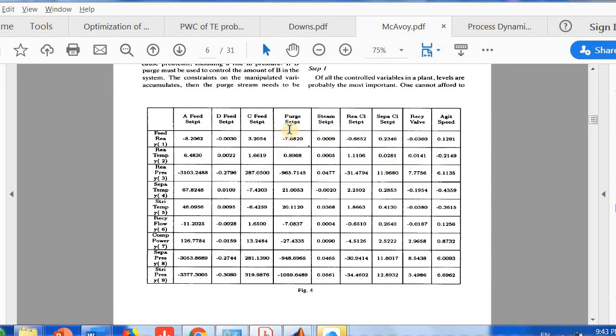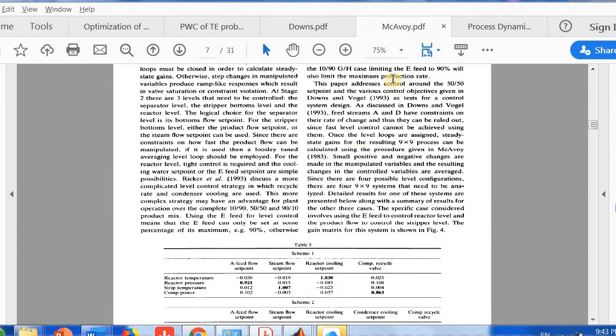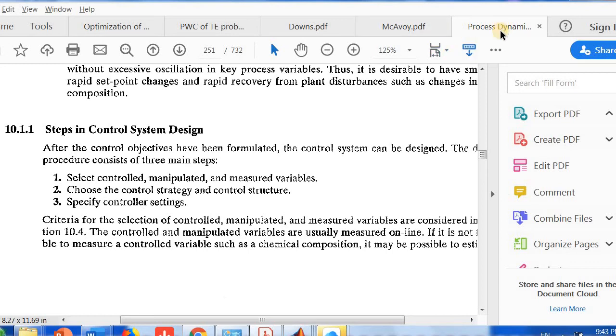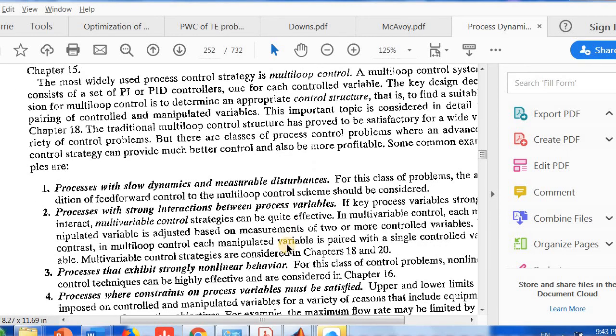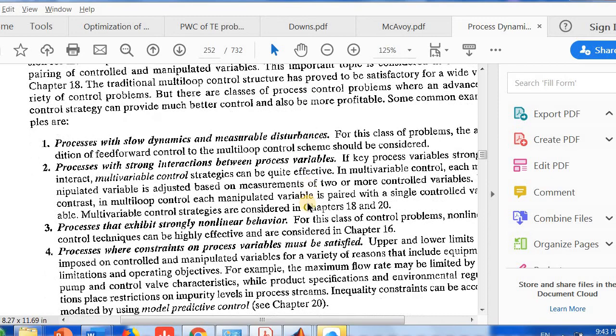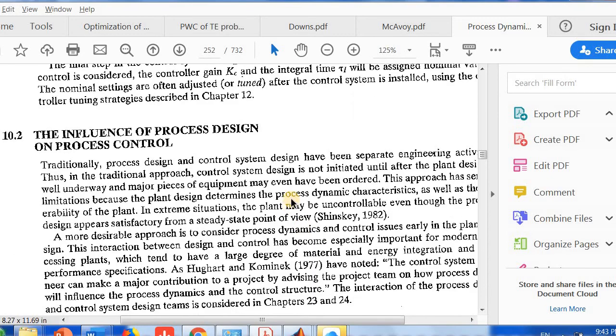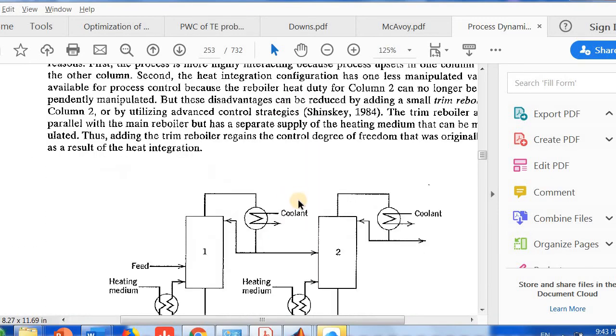So you can have a look at this. You have Downs and McAvoy as well, and the Process Dynamics and Control book, which you already have as a textbook. You're going to see the stages that we need to consider when dealing with the control design process.